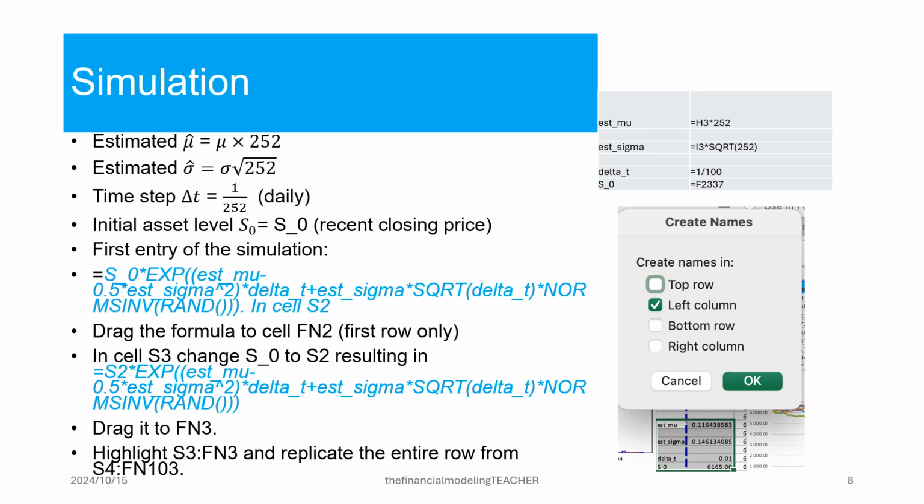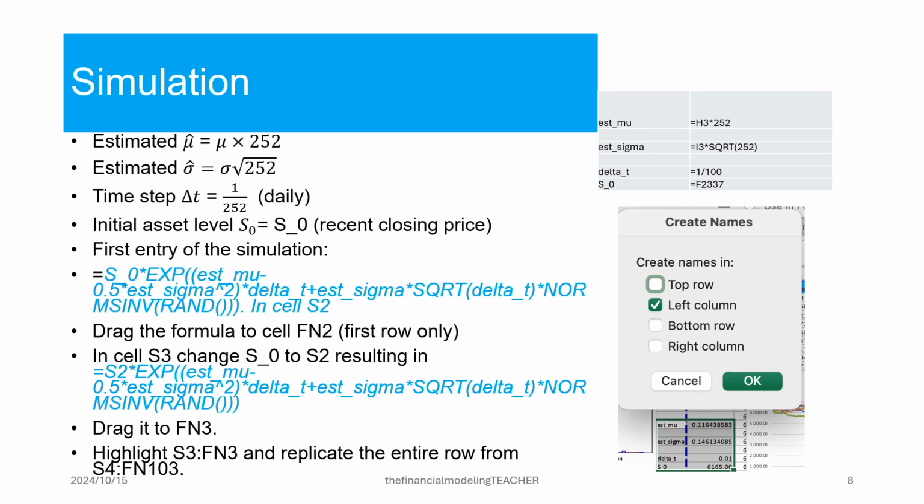We have highlighted firstly all the cells, est_mu up to S0, as well as the columns with equations up to where it says F2337. Then we say create names, and then we check left column, and then we type OK. Look at the bottom at what we have selected exactly, and then we type OK in our spreadsheet.